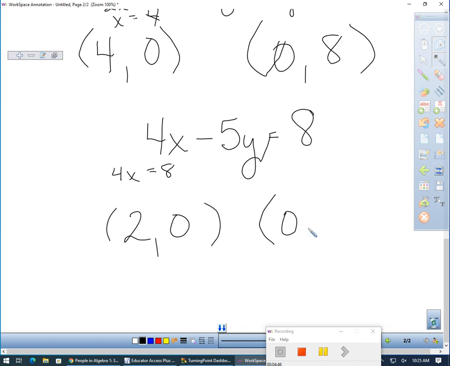Second answer, I put 0 in for x. So I cover this one up. I have negative 5y equals 8. 8 over negative 5, and that's how I want you to leave it. In the equation, there's no fractions. Okay? Your intercept can be a fraction because you're plotting the point.